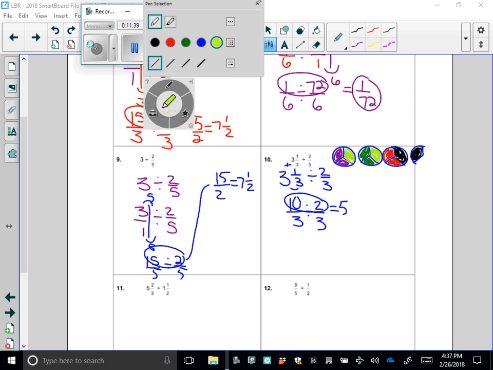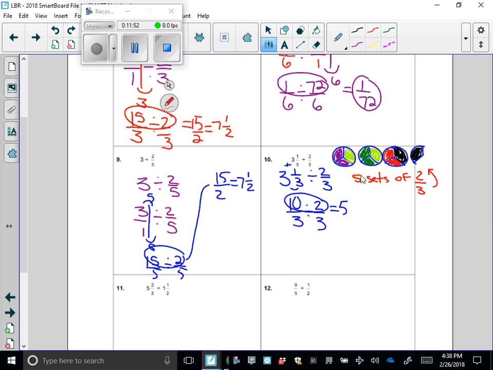So there's 5 colors. Whoops, that's hard to see. 5 sets of 2/3. Just look at the 5 colors.